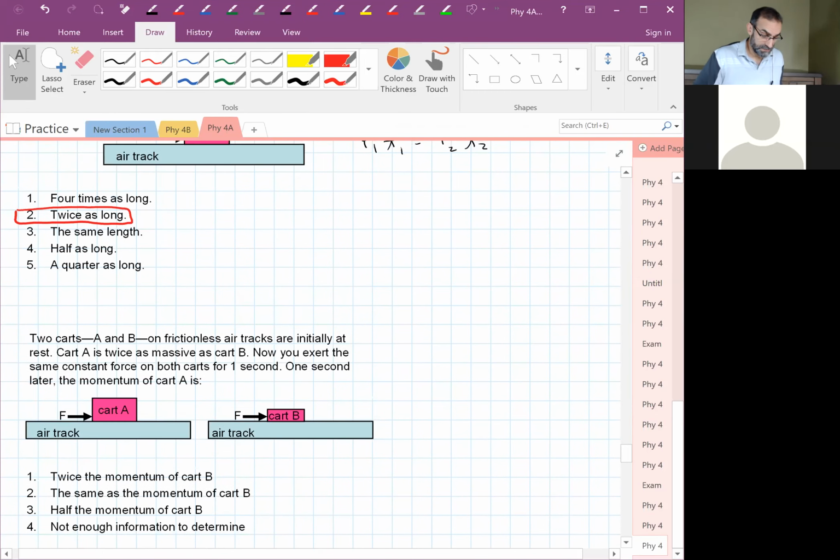Two carts, A and B, on frictionless tracks initially at rest. A is twice as massive as B. Now you exert the same force on both carts for 1 second. After that 1 second, the momentum of cart A is twice as much, half as much, the same?